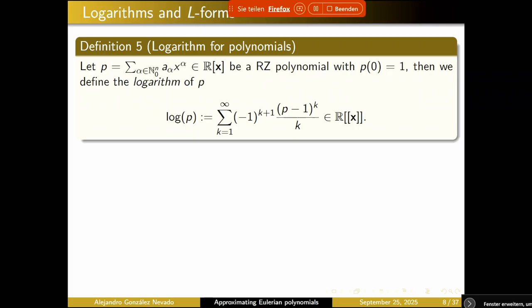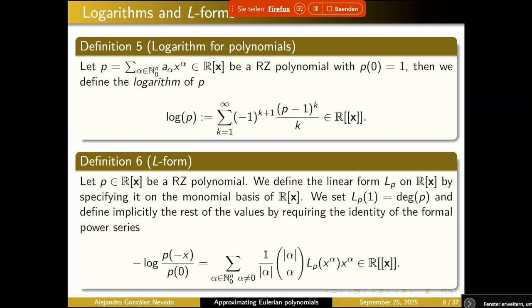Why do we normalize it? Well, because then we are going to define its logarithm. And if we normalize it, this expression makes sense, because then this has a positive stabilizing degree, so you can define this series. Using the series of this polynomial, you can find these numbers here, and these numbers are going to define a linear form from the linear space of real polynomials to the reals.